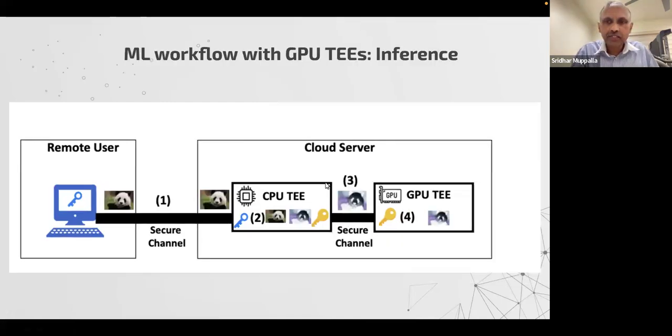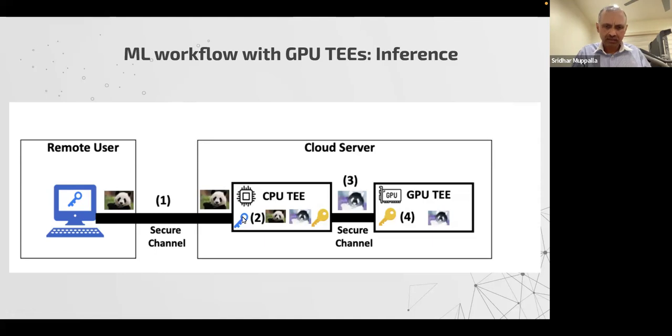With respect to inference, again the same diagram, but I'll be sharing more details. The remote user uses a shared key with the CPU TEE, and the yellow key is used between the CPU TEE and the GPU TEE.